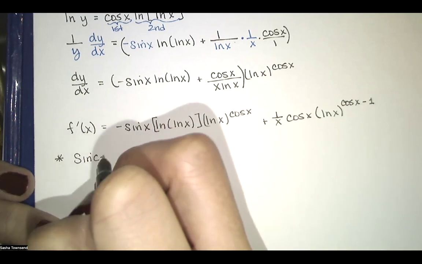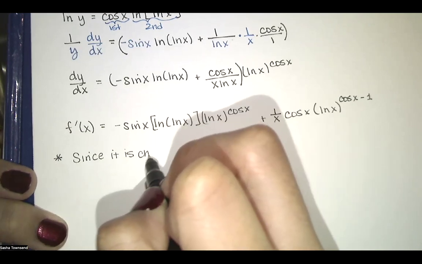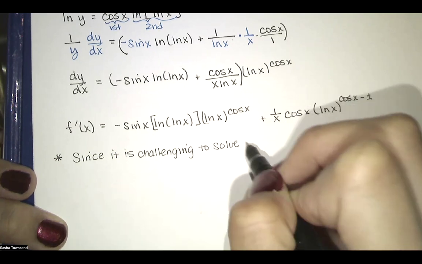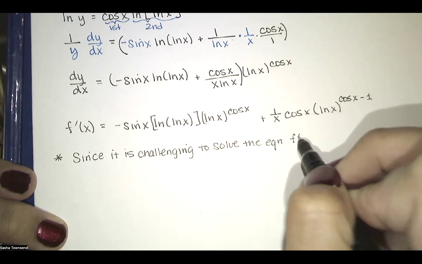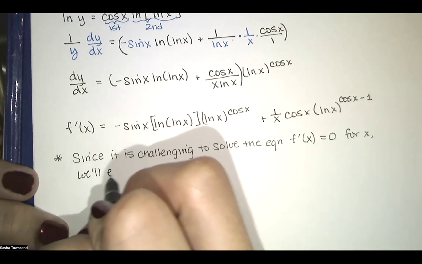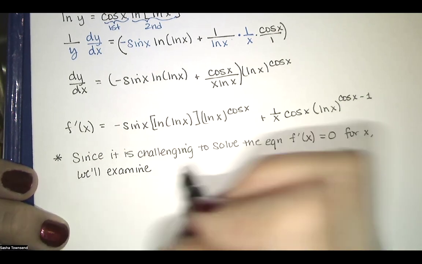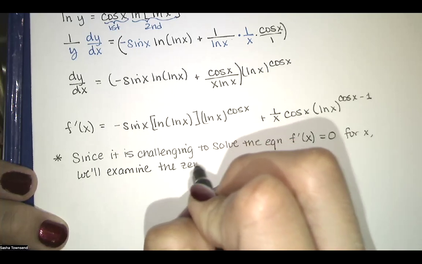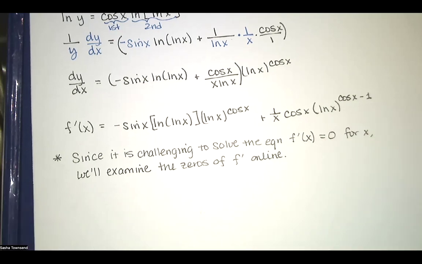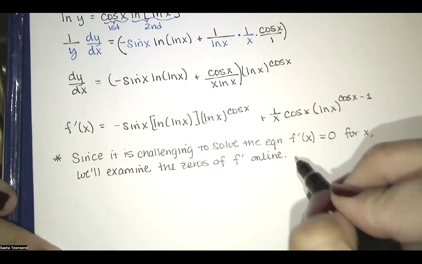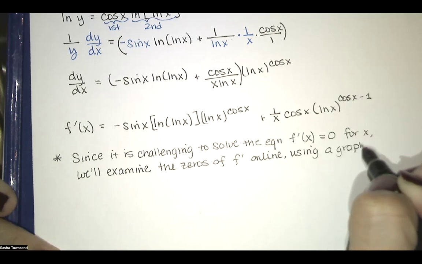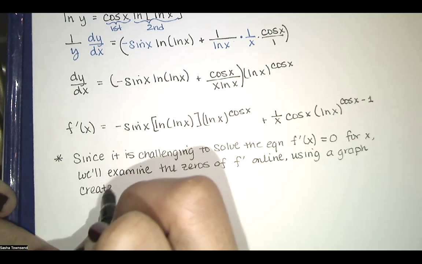I'll just say, since it is, let's say, challenging to solve the equation f prime of x equals 0, we'll examine the zeros of f prime online, using a graph created on Desmos.com.